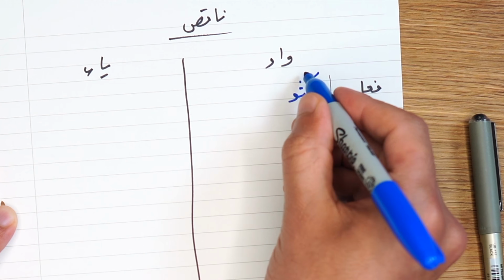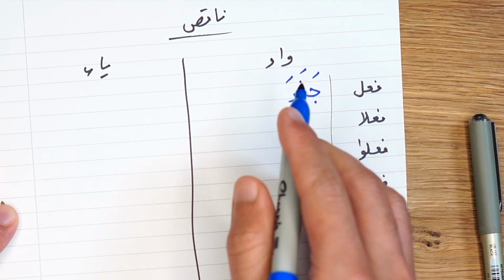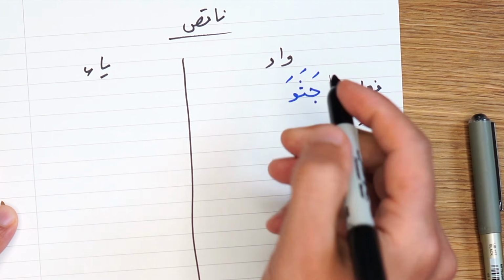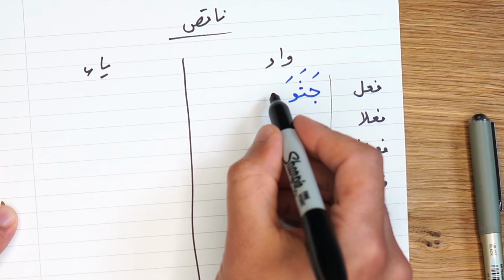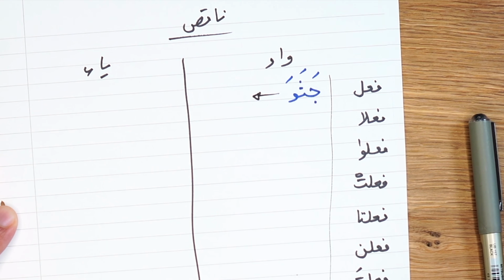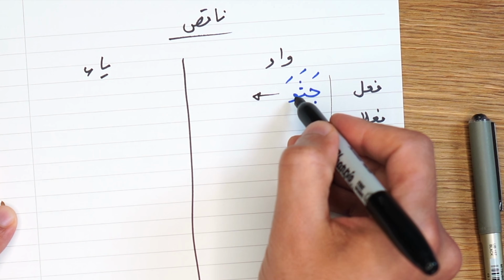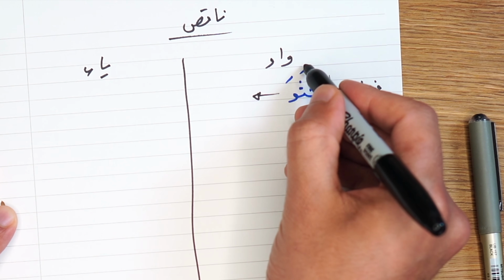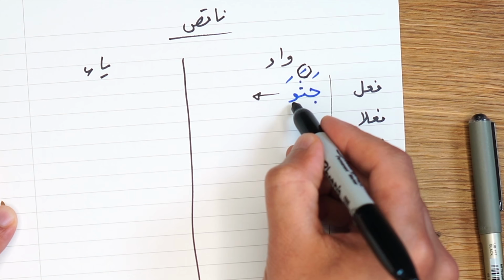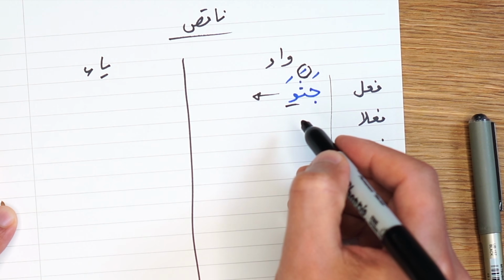Jathawa changes. The rule basically is that if you have a waw and preceding it is a fatha, you change the waw into an alif, right?